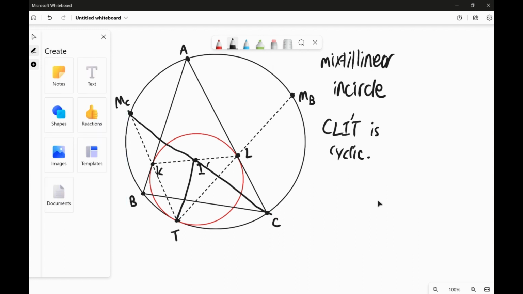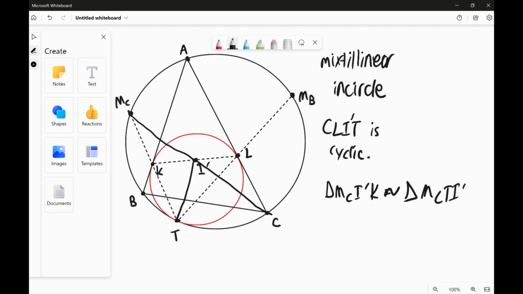Well, in order to do this, we're going to go ahead and show that some triangles are similar here. Specifically, MCI prime K is similar to triangle MCTI prime. We already have one angle here, so we're close.